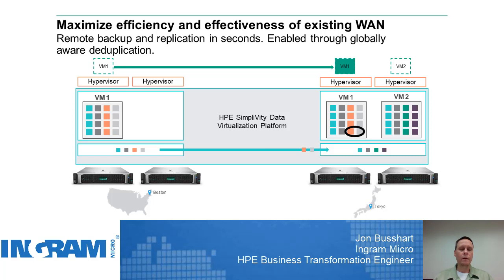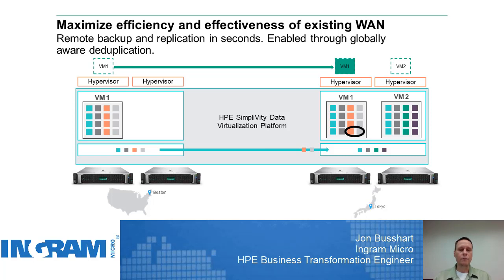The like blocks of data within the environment are represented by the colors, and those can all be consolidated down to a single space on the back-end virtualized storage platform. This helps with consolidating space and speaks to the deduplication and replication capabilities.